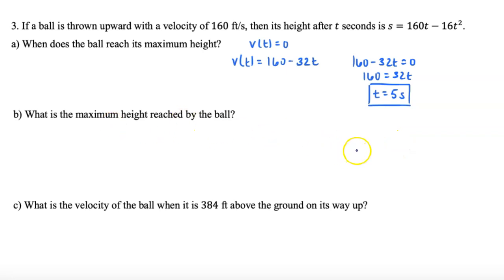Now, what is the maximum height reached by the ball? Well, I'm given this position function that tells me the position at any given time. And since I'm only worried about the vertical position, essentially that's going to give me the height. So I'm just plugging this time t into this position function to get that s of 5 is equal to 160 times 5 minus 16 times 5 squared.